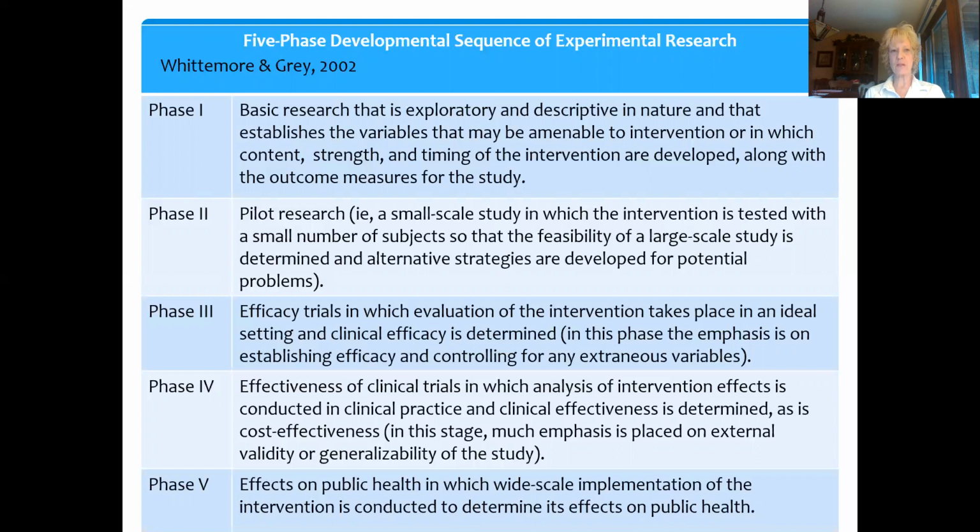And it starts with phase one, where you have basic research that's really exploratory in nature and descriptive. The purpose of the basic science is to establish that there's some kind of relationship between variables, that an intervention may have an effect on some variable. And along with that, you establish what the intervention components should look like, what's the content of that intervention, what's the strength.